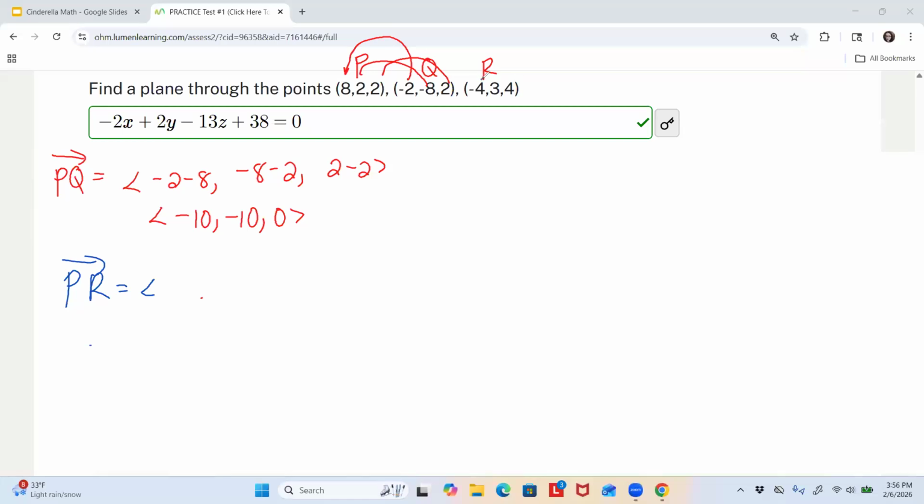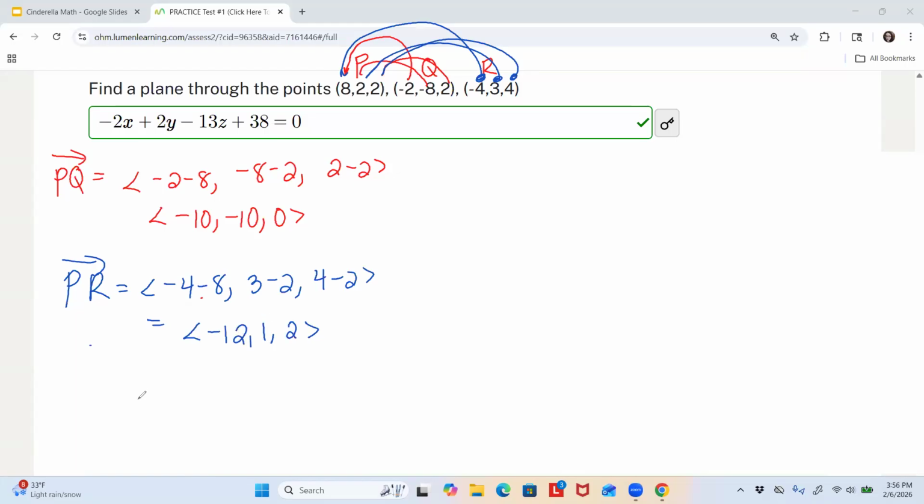Okay, so that's going to be second x minus first, so negative 4 minus 8. Second y minus first, so 3 minus 2. Second z minus first, so 4 minus 2. So that's going to be negative 12, 1, 2.